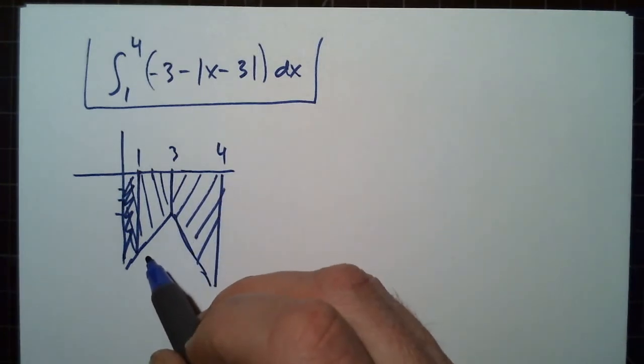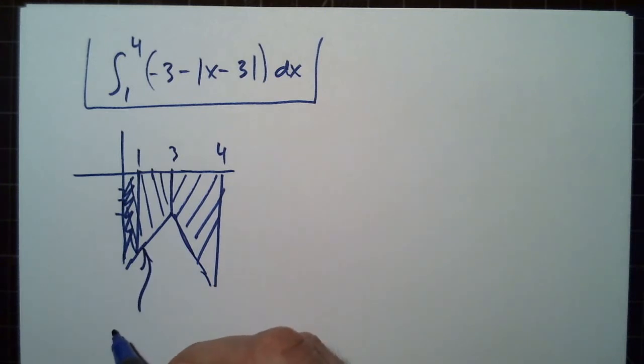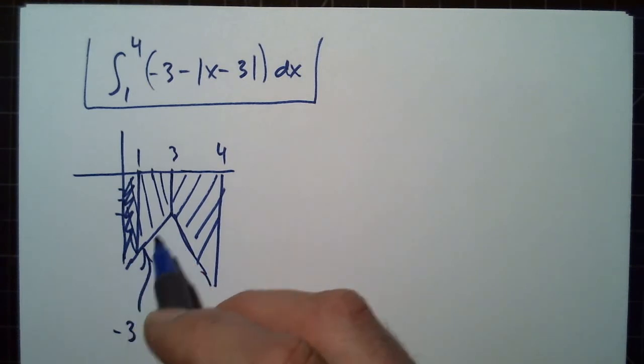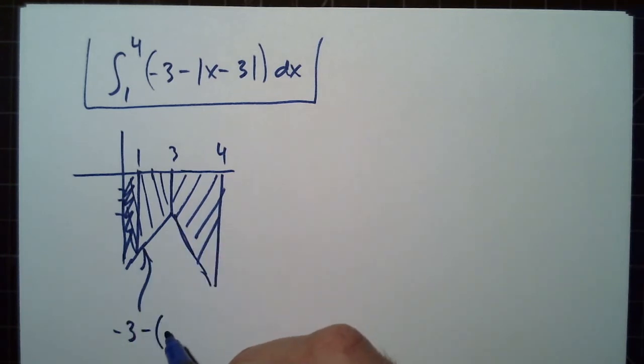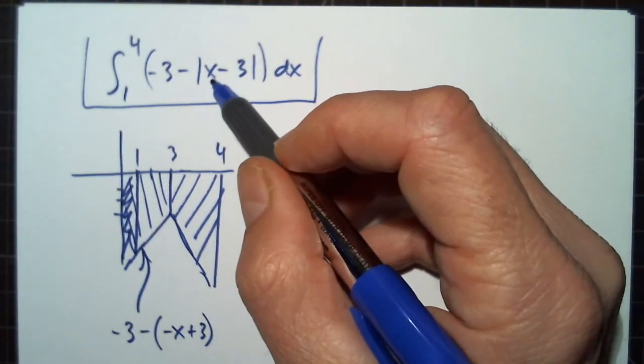We have to represent each of these. So this line is going to be negative 3, and this has the positive slope, so we're going to have minus, and we're going to have negative x plus 3. So when you have absolute value, you're going to have a positive and a negative.